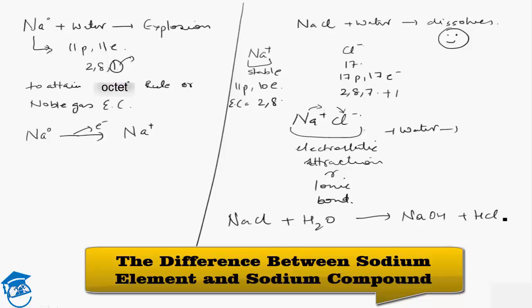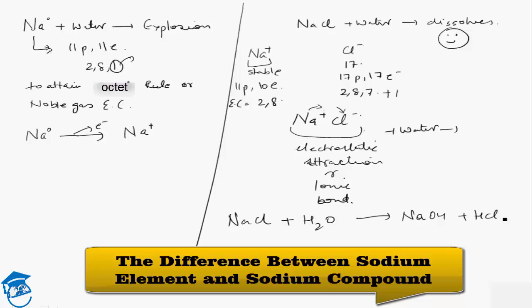Thus we say that the salt is dissolved. Salt will just dissolve in water and no chemical reaction occurs, because the water molecule is very polar and it pulls out the sodium and chlorine ions, and when fully dissolved, the salt solution is full of sodium and chlorine ions. That's it.